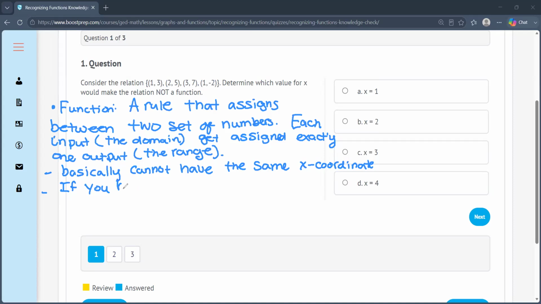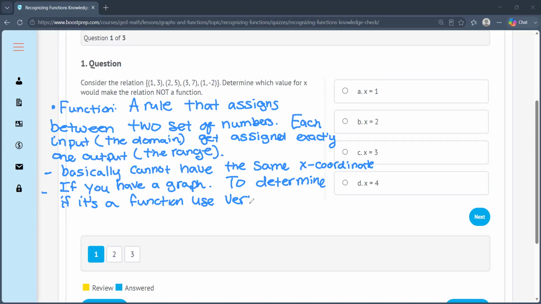So what do I mean by vertical line test?